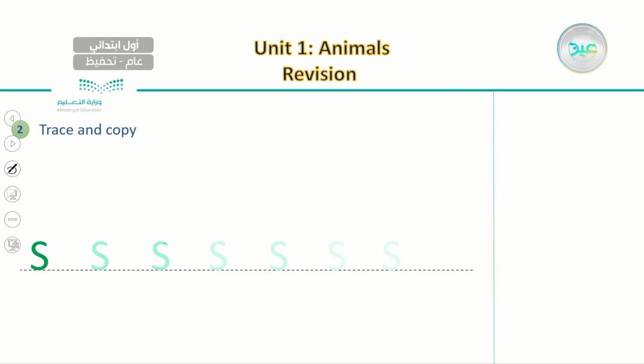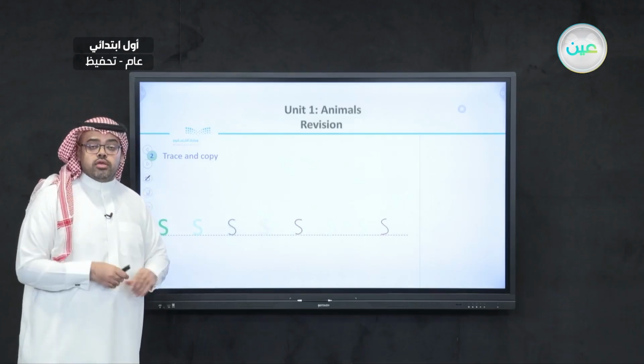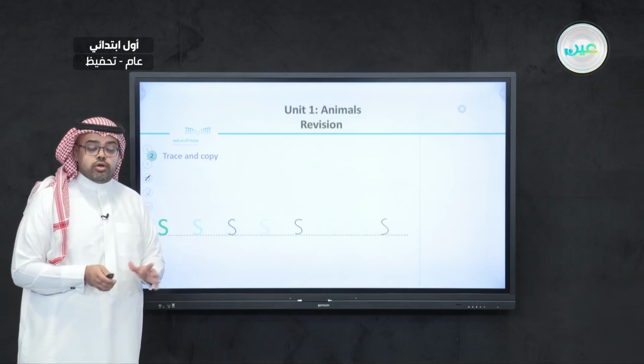We traced each of these letters like this, maybe 5 or 6 times, and after finishing tracing, we said that you will be able to write them on your own and copy them on your own. After you trace these letters more than 7 times, at the end it is your turn to write the letter on your own.